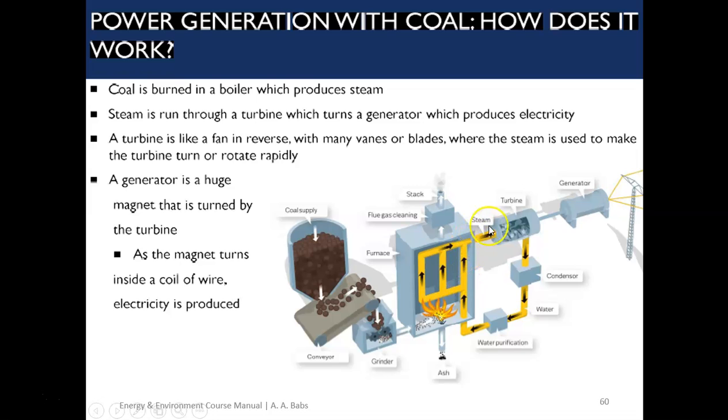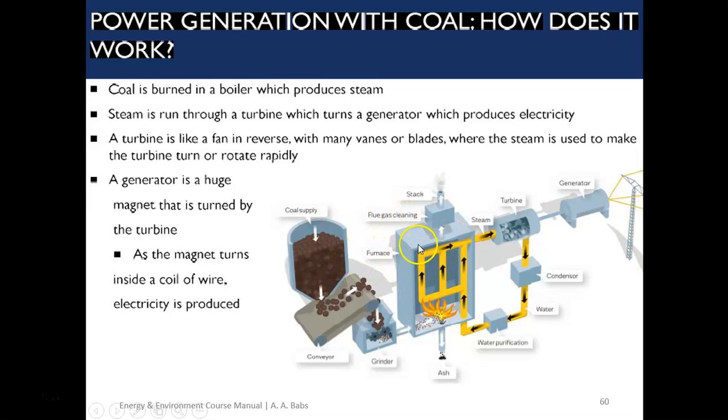So we have what we call the steam cycle, facilitated by the burning of coal in the furnace. So we have the coal cycle, the furnace and burning cycle, the steam cycle, and then the last cycle, which is the electrical energy generation from the generator and then transmitted through the transmission lines.